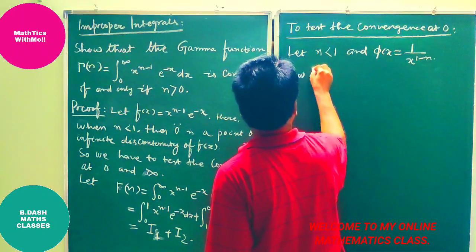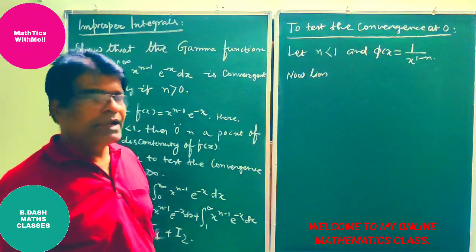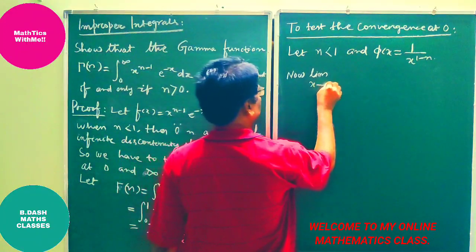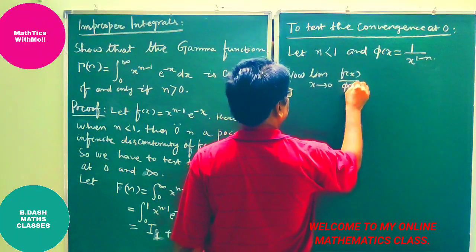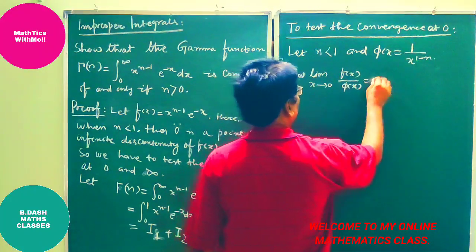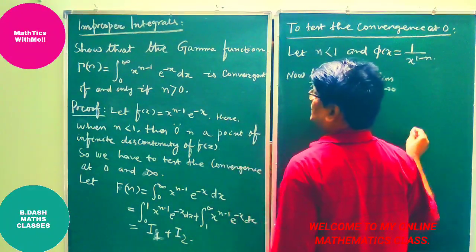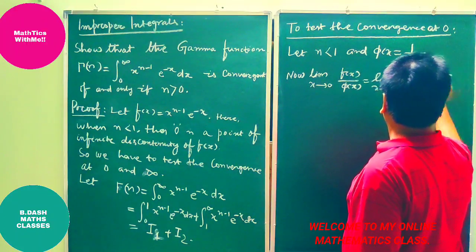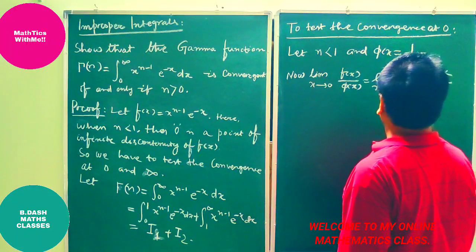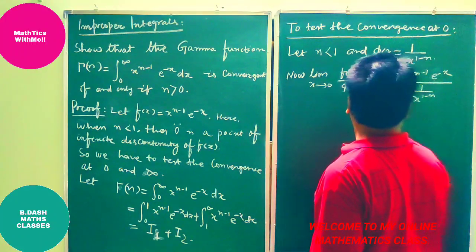Now the limit as x tends to 0 of f of x by phi of x is equal to the limit as x tends to 0. The value of f of x is x to the power n minus 1 e to the power minus x, and phi of x is 1 by x to the power 1 minus n.